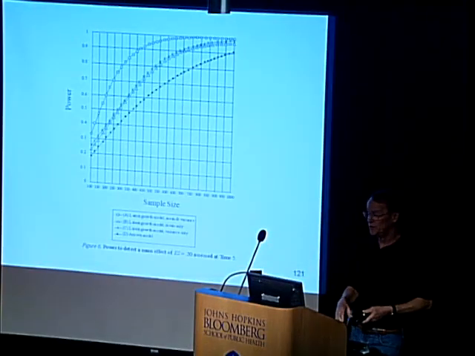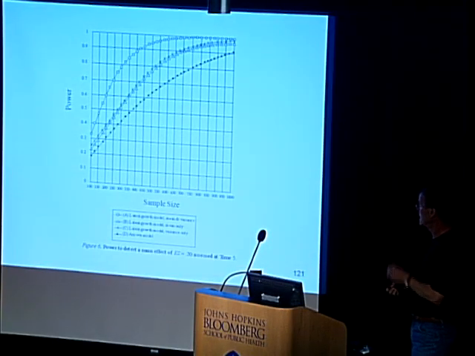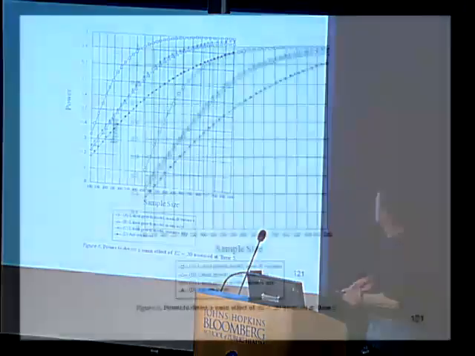But those steps were used to create these beautiful power curves where you can see different sample sizes on the x-axis and power on the y-axis. Usually we want power of at least 0.8. So you can see which sample size you need, about 300 for this case and a little bit more for the other cases.